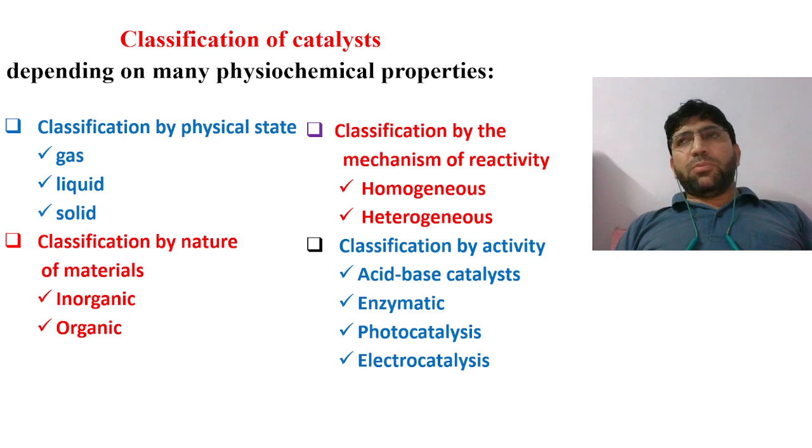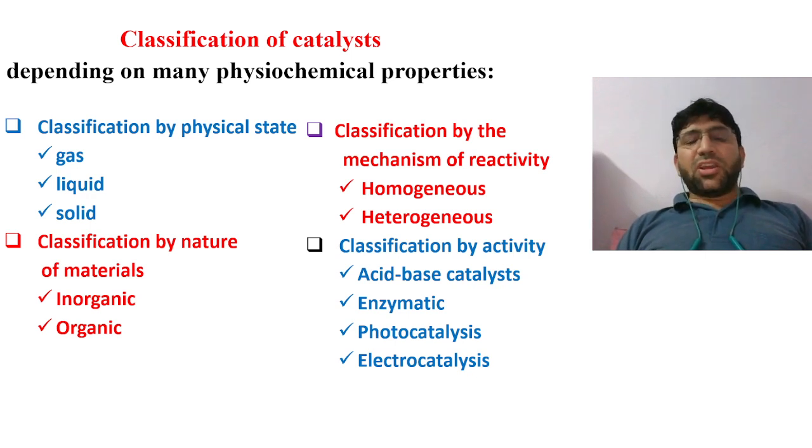Now let us give a brief classification of catalysts. Catalysts can be classified on different parameters, like on the basis of physical state: a catalyst can be a gas, liquid, or solid. On the basis of their mechanism of action, a catalyst can be homogeneous or heterogeneous.